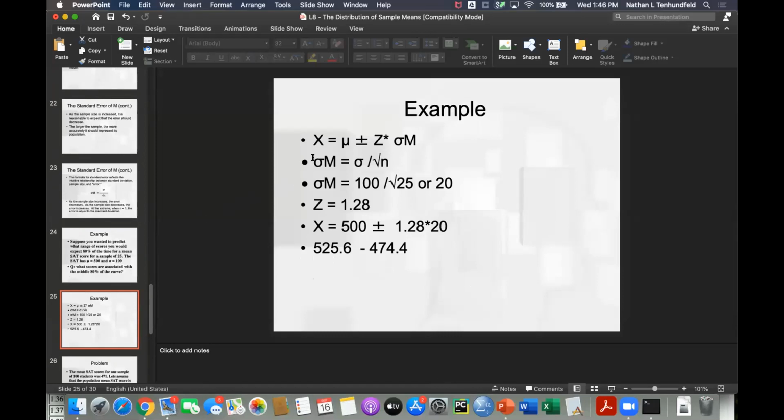So again, you know the equation, even before today, you know the equation that you wanted to be using. You know that instead of the standard deviation, we need the standard error of the mean. And once you know that, all it requires is just plugging in information you already know. What questions do we have about that?